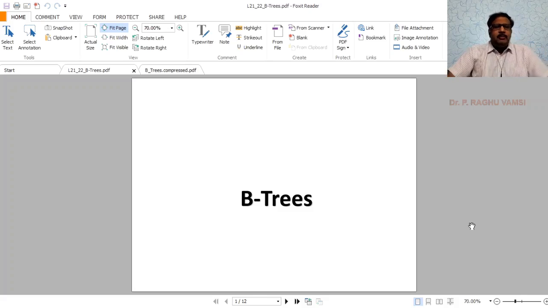And there are some more advanced versions of B trees, like B star trees, which have a more sophisticated, refined mechanism than the B trees. So what is the specialty of these B trees?